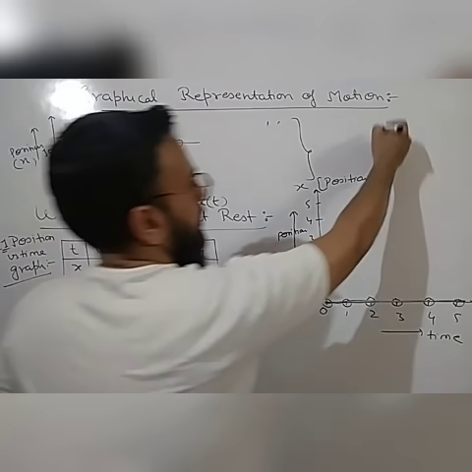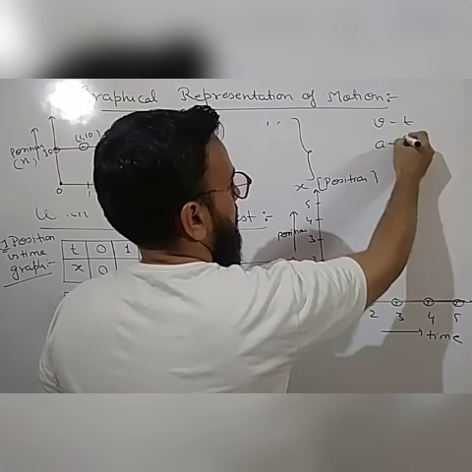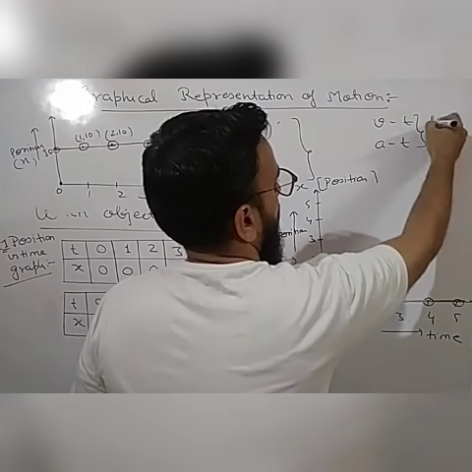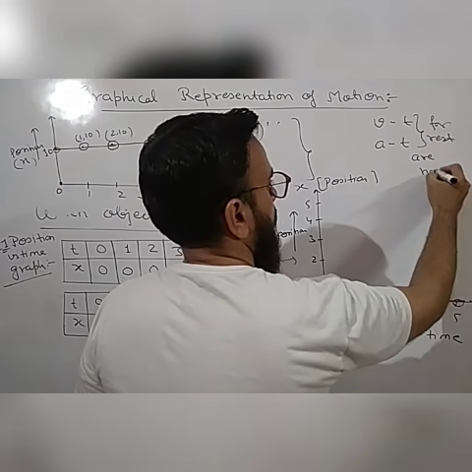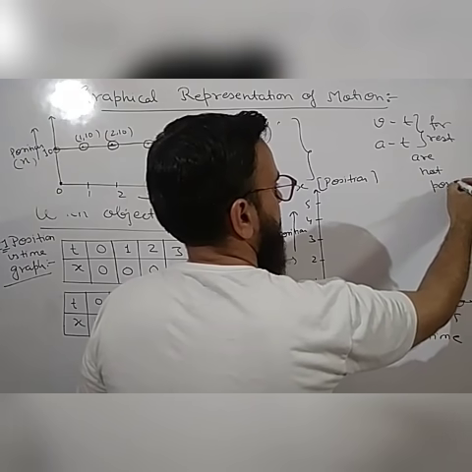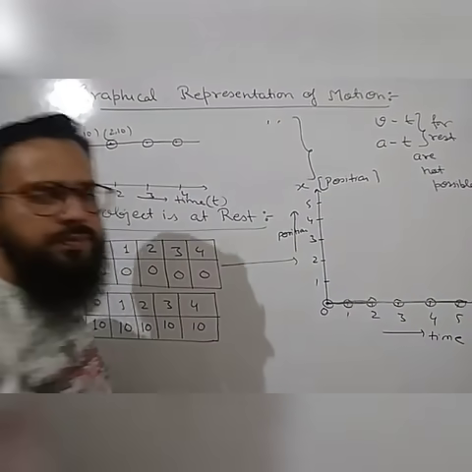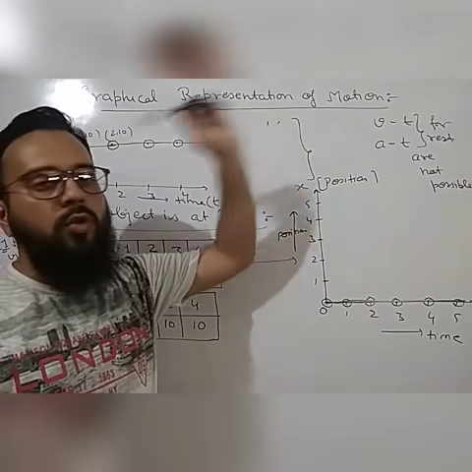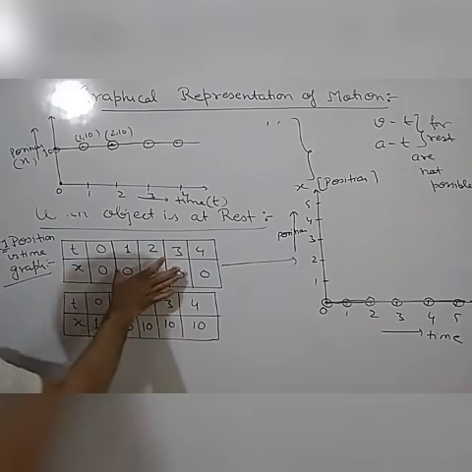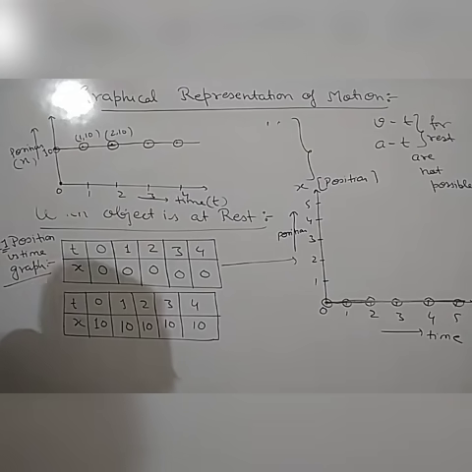So note it down: velocity-time and acceleration-time graphs for rest are not possible. We will not draw these two graphs because we do not have any value of velocity or acceleration. We can draw only the position-time graph for the object at rest.